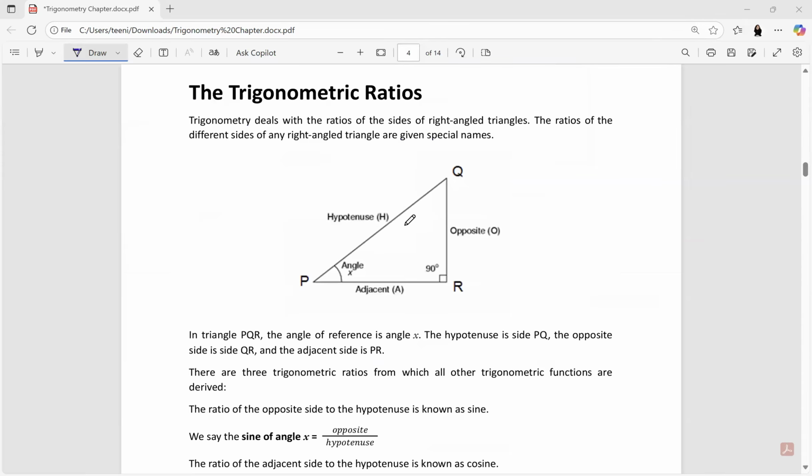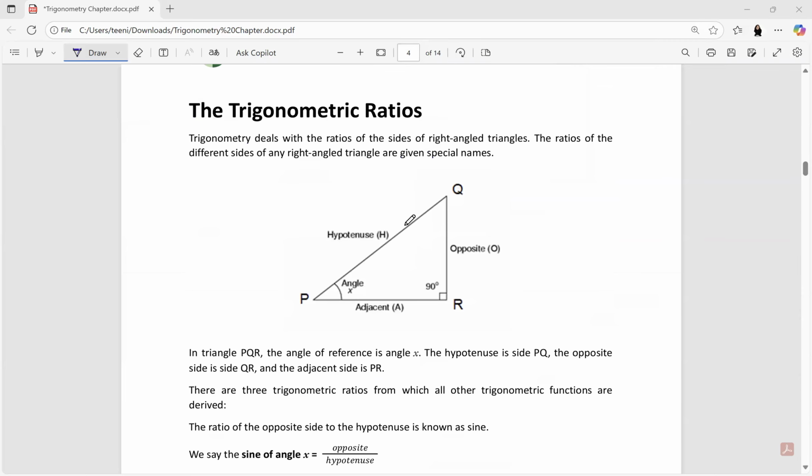All right, so let's now look at the trigonometric ratios. Before we could move on to the trigonometric ratios, we had to first be able to correctly name the different sides of the right angle triangles, because the ratios are made up of those. So in this triangle PQR, the side opposite angle P would be the opposite side.